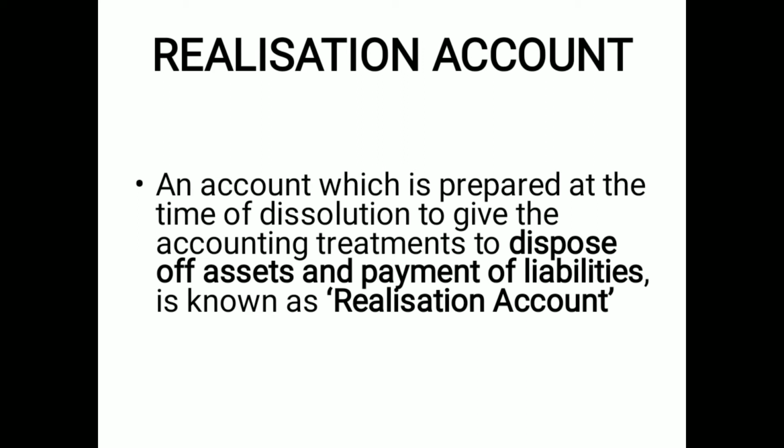Similarly, the realization account is prepared for the accounting treatments of sale of assets, that is, to dispose of assets. Why? Because the business is to be closed. So you need to sell all the property, all the assets of the business, and the amount realized from that is to be utilized for the payment of liabilities.